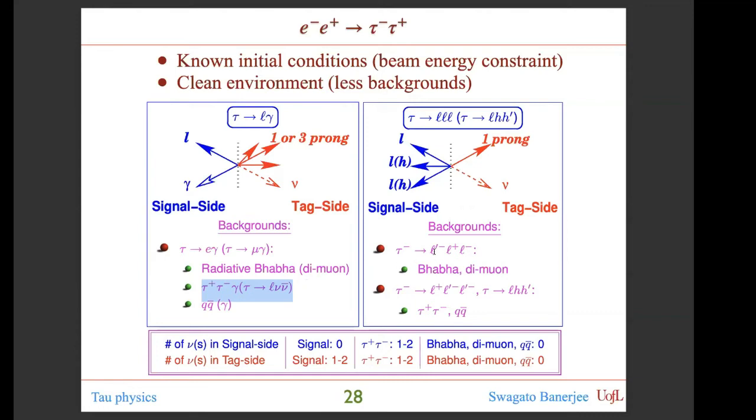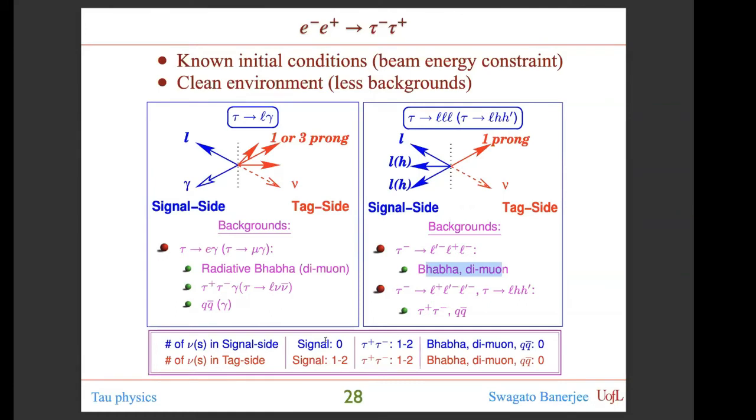In the case of the 3 leptons, we again have contributions from the Bhabha or the dimuon events, and also from the misID from the q qbar events. One of the most interesting characteristics typically used to differentiate between signal and background is the number of neutrinos on the signal side and the number of neutrinos on the tag side.